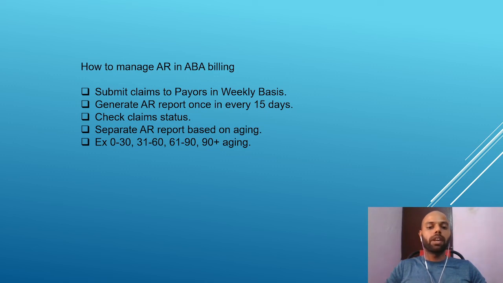Concentrate mostly on 90 plus aging claims, because once it passes timely filing, it's very hard to retrieve the payment. So the first preference should be the 90 plus aging report, then move on to 61 to 90, then 31 to 60, then 0 to 30.